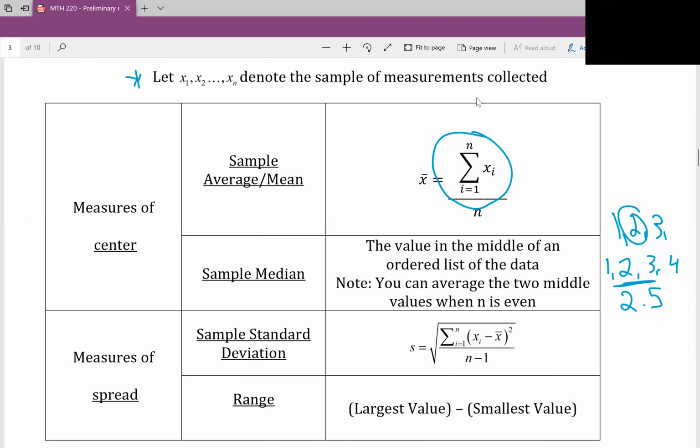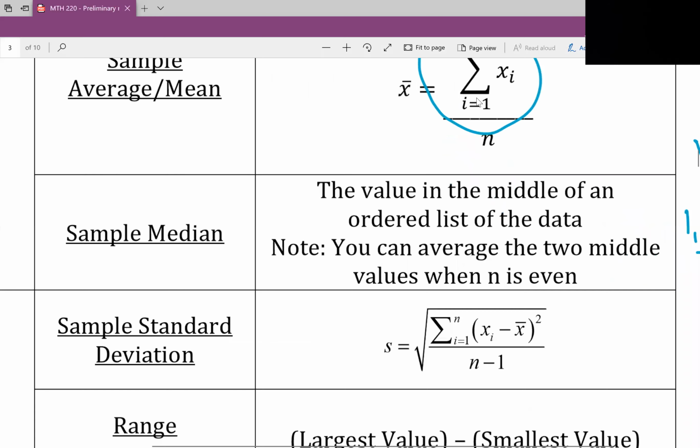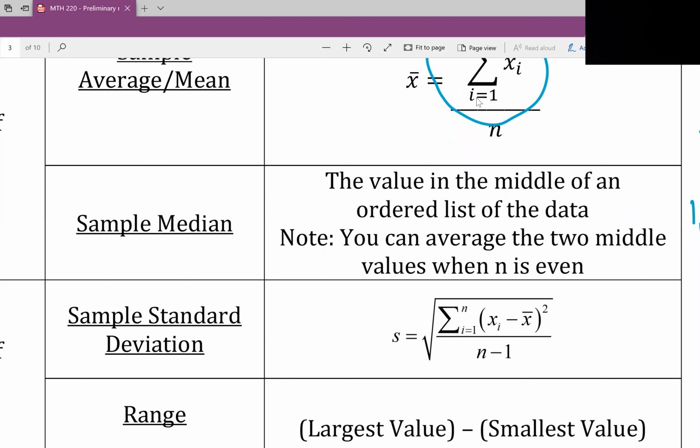For our two measures of spread, we have sample standard deviation and the range. Looking at this formula for sample standard deviation, that capital sigma is just telling us to sum. On the next page, we're going to get into how we do this calculation a little bit more. Also, just a note, you do not have to memorize this formula.